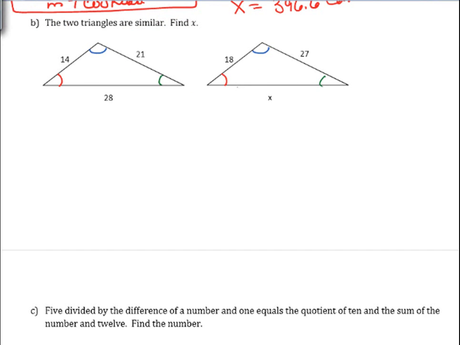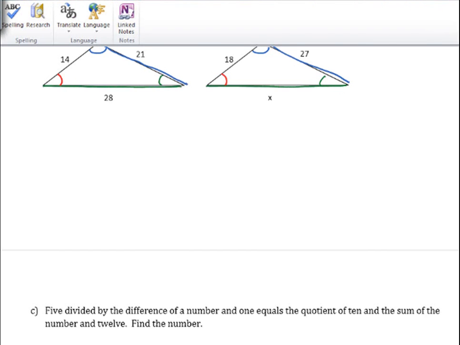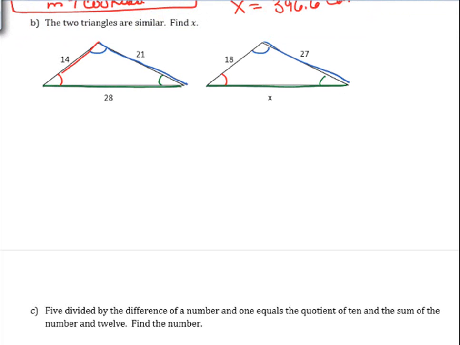And so they're called corresponding angles. There's also corresponding sides. So this bottom side on this triangle corresponds to the bottom side on this triangle. This side on the right top corresponds with this right top side, and then this left top side corresponds with this left top side.